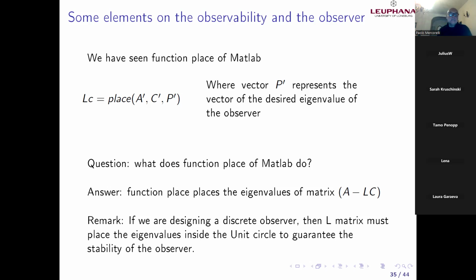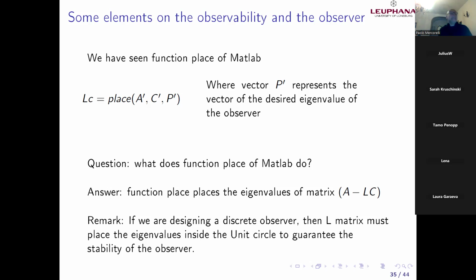But I would like to explain in an easy way to everybody without introducing the controllability and then having to introduce the duality in between. The reason is that Place is built in MATLAB for the controllability. But the concept of controllability, believe me, is a dual concept with respect to the observability.